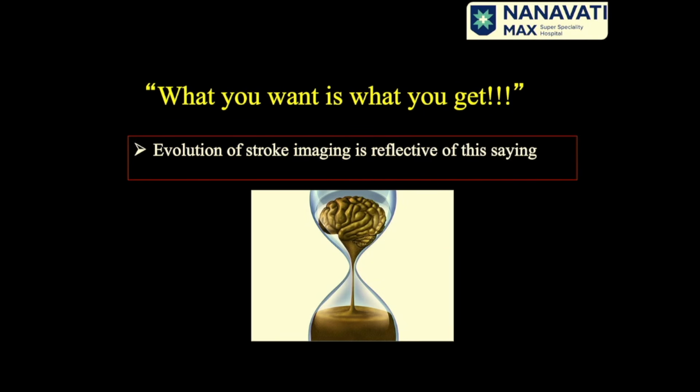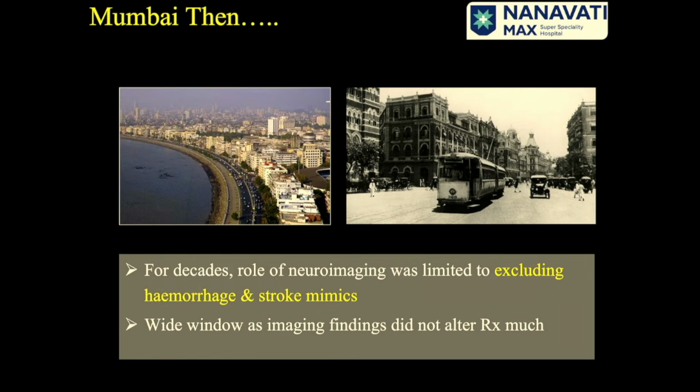There's a saying which says that what you want is what you get, and evolution of stroke imaging is completely reflective of this saying. For decades, from when CT came into the picture in 1973 and MR came in the 80s, neuroimaging in stroke was done to exclude hemorrhage and stroke mimics. So when you did it really did not matter.